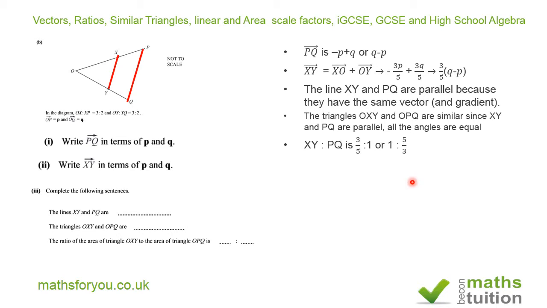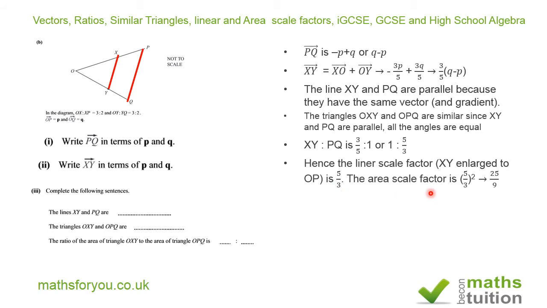If the linear scale factor is 5 over 3, then the corresponding area scale factor is going to be the linear scale factor squared, which is 25 over 9. So the ratio of triangle OXY to triangle OPQ is 1 to 25/9. And tidying up, the ratio of triangle OXY to OPQ is 9 to 25.